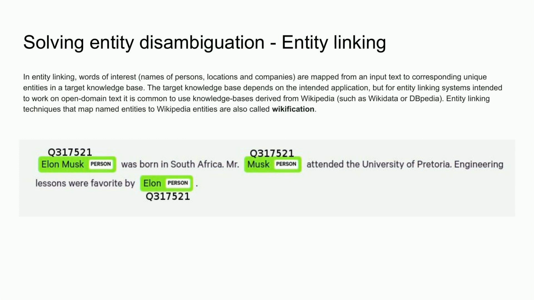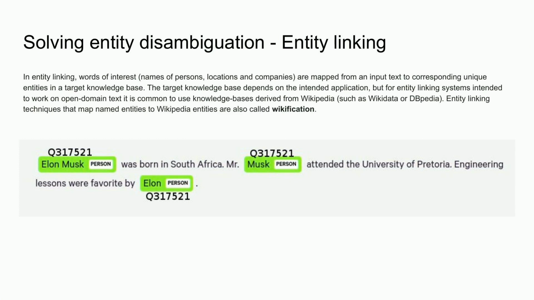On the plus side, we don't have to worry about which text record is correct, because here we have three different text records that refer to the same entity, but we can just use the Wikipedia ID and then get the entity name from Wikipedia. So we don't really have to worry which text record is correct.